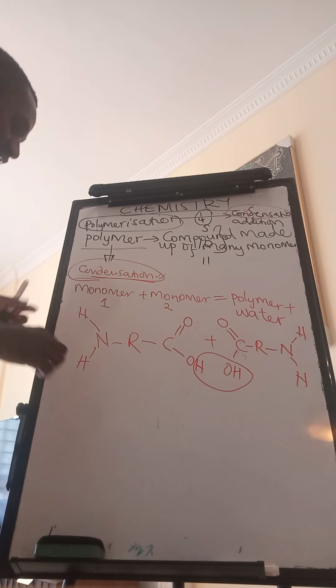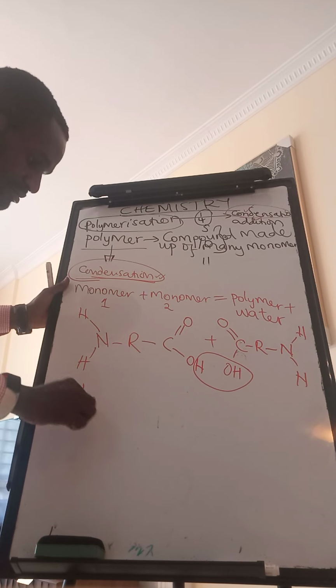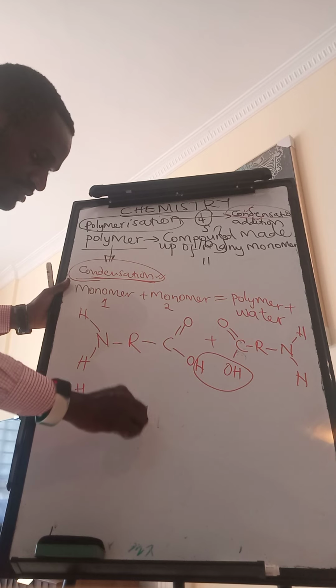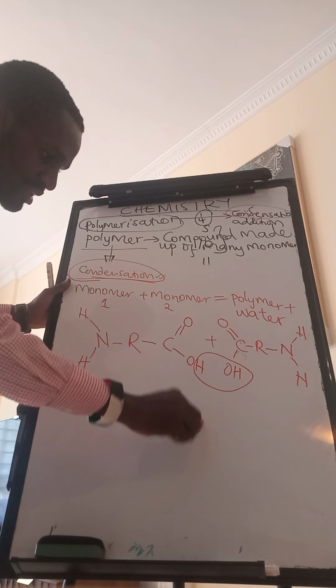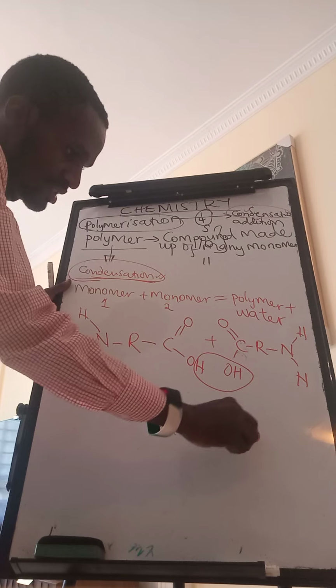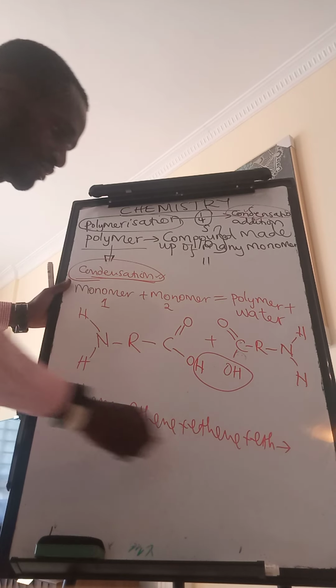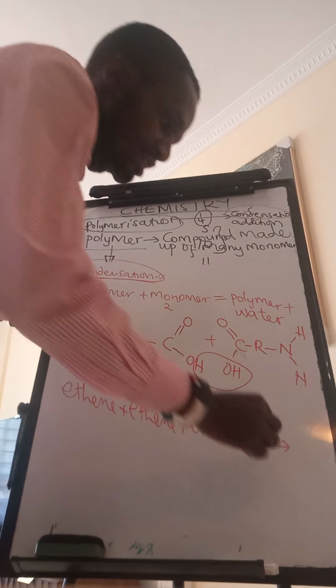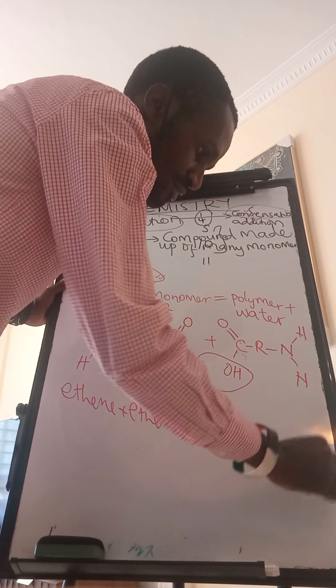For example, if I say ethene plus ethene, maybe plus ethene, then plus ethene, you see. So several of these are going to give me only one product, isn't it? That is polyethylene.